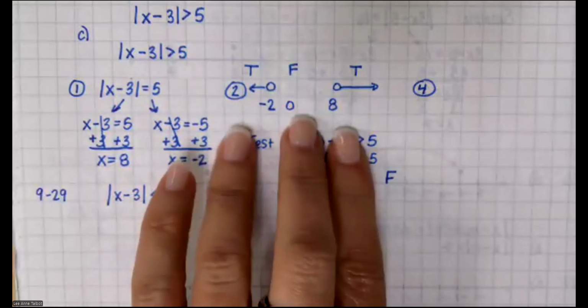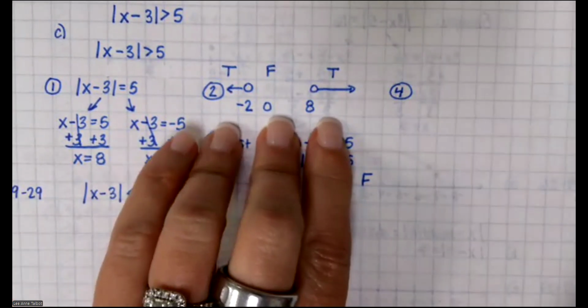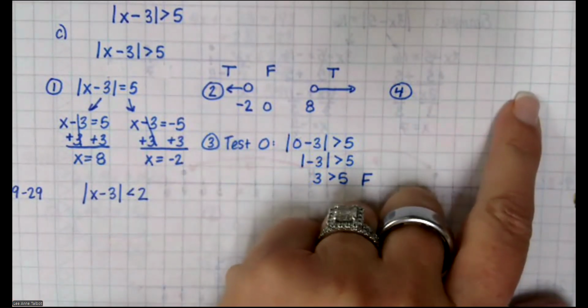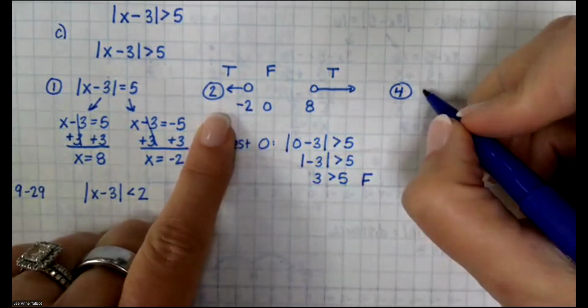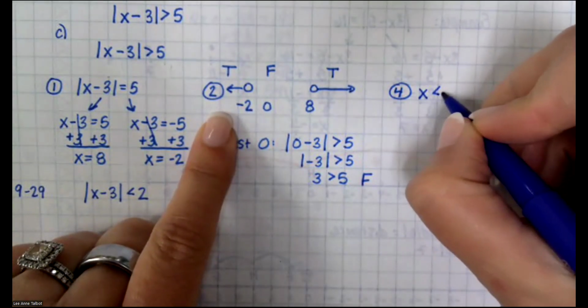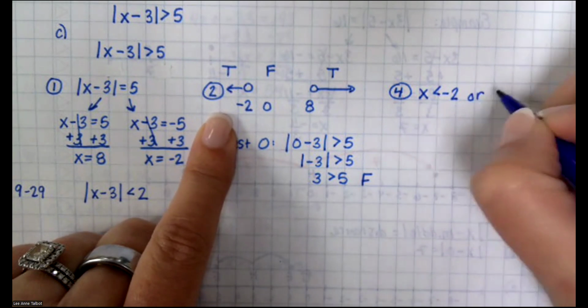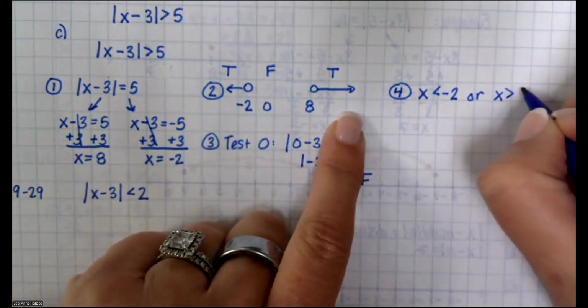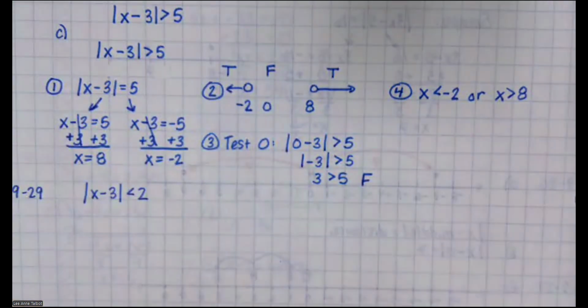And step 4, for this situation, because the arrows go out, I write two inequalities with an or in between. So this is x is less than -2 or x is greater than 8.